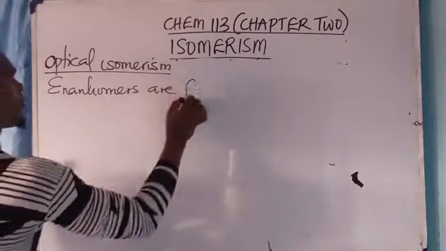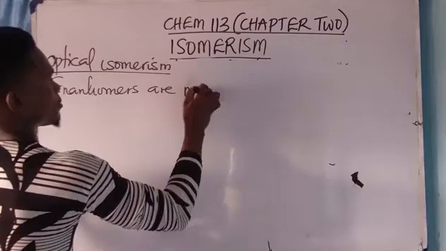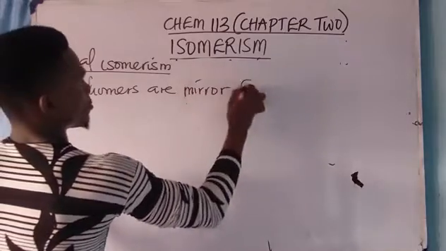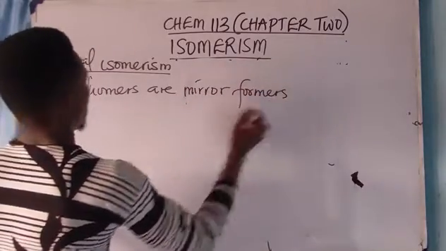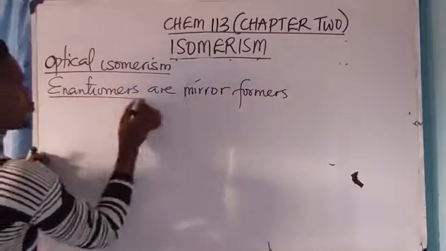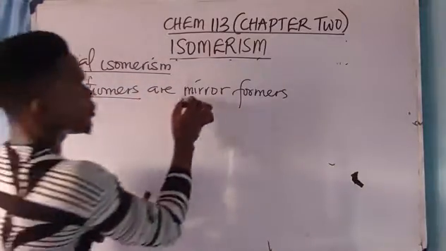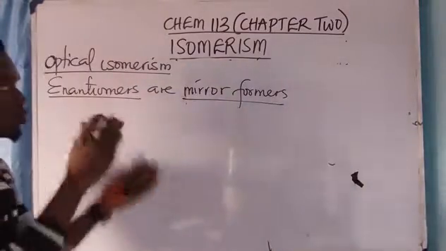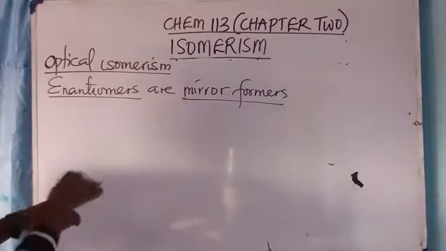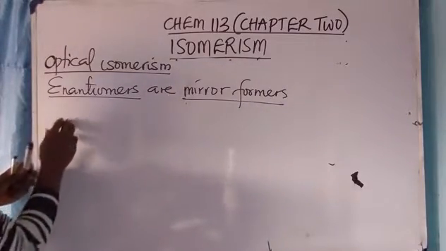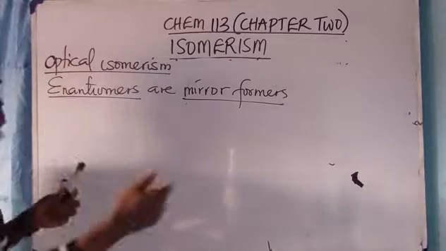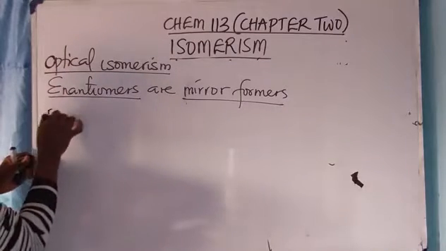Enantiomers are mirror formers. Enantiomers are what? Mirror formers. They are able to form mirrors. They are able to rotate.